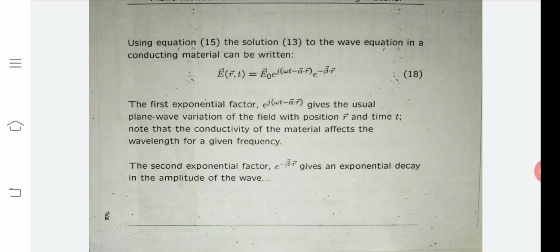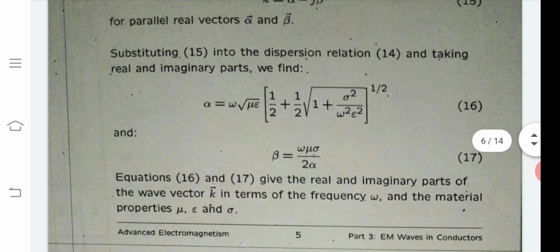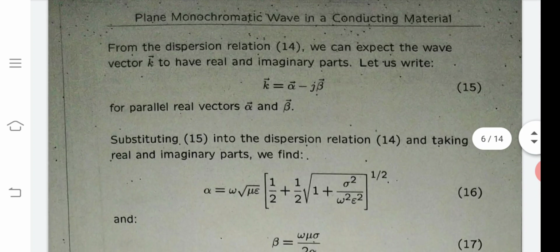Note that the conductivity of the material affects the wavelength for a given frequency. The second exponential factor, e raised to the power minus beta r, gives an exponential decay in the amplitude of the waves. The constant k equals alpha plus j beta, for real vectors alpha and beta.